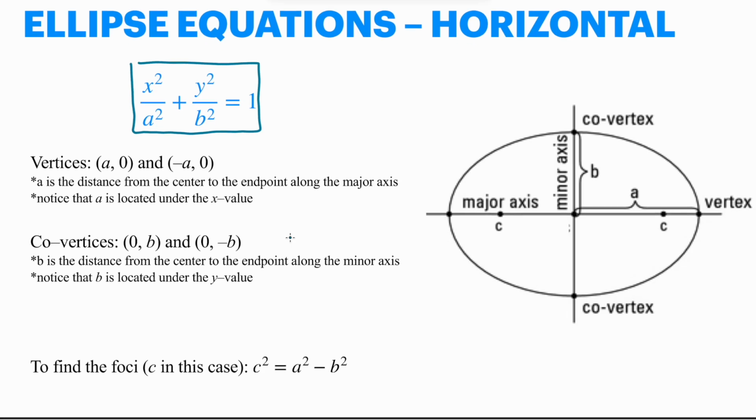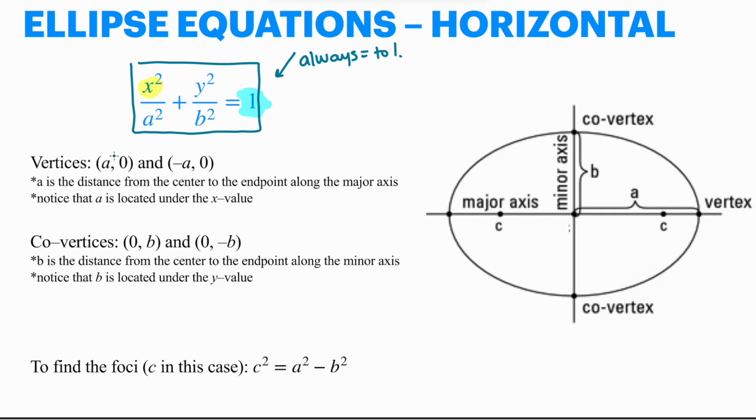One thing you'll notice is that you always start with x squared and go to y squared, but what changes is the denominator. Also, it's always equal to 1. An ellipse is always equal to 1.